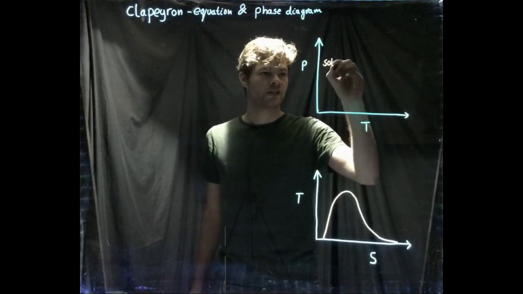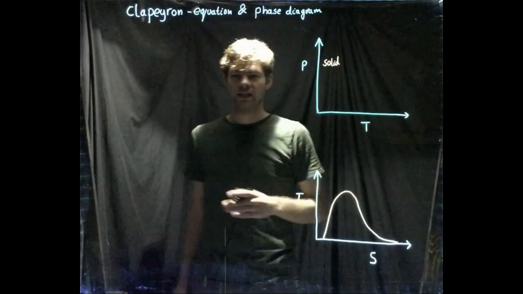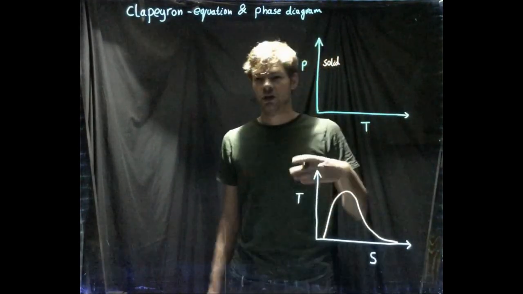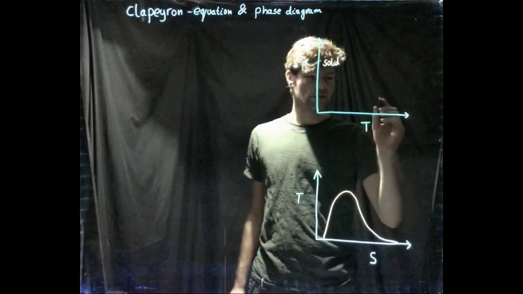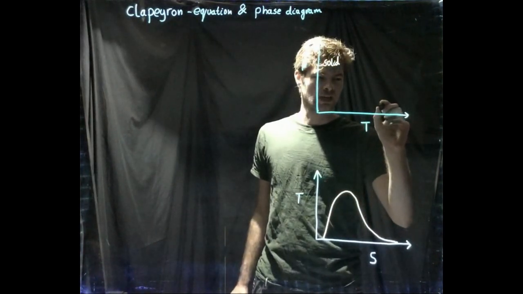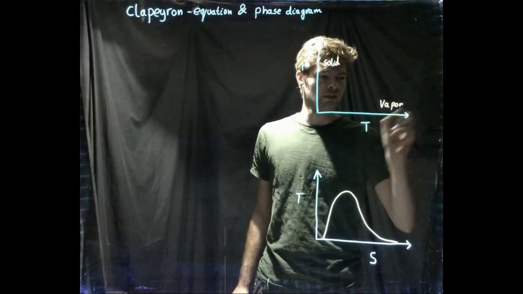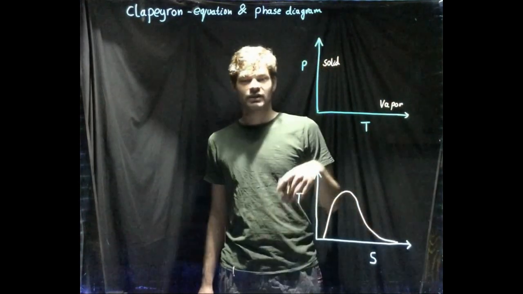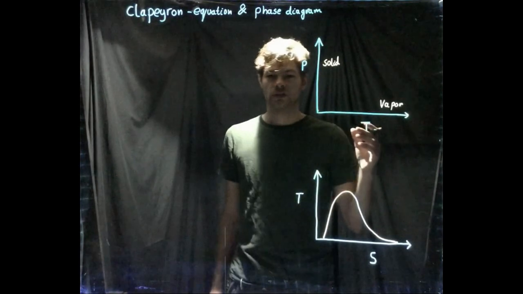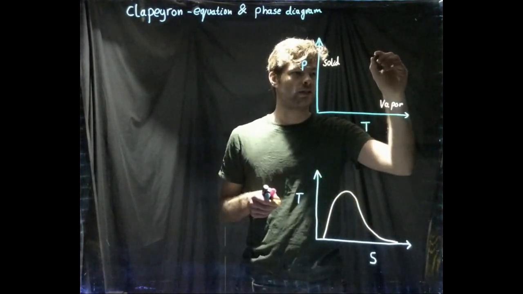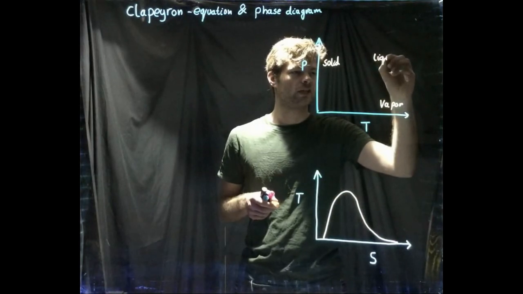So high pressure, low temperature, the phase will be a solid. For high temperature, low pressure, we can of course estimate that we will have a vapor or a gas. And for a relatively high temperature but a high pressure as well, we will have liquids. So the liquid comes over here.